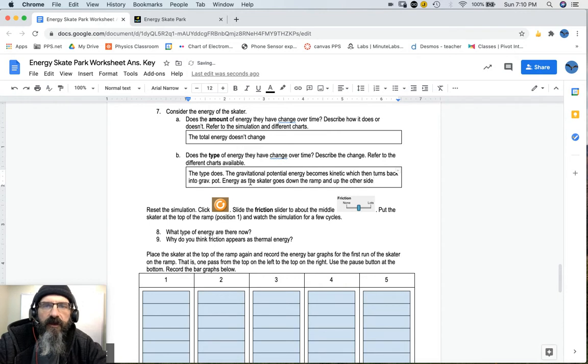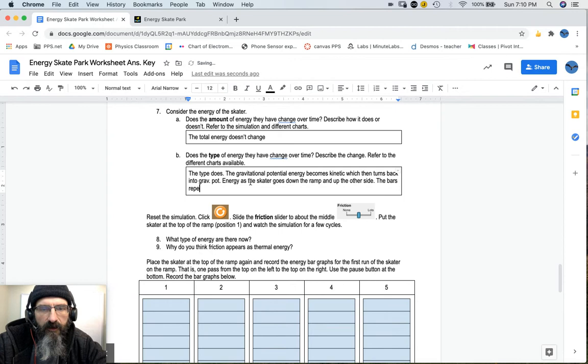And then it asks, describe the change. Well, I described the change. Refer to the different energy charts. The bars representing gravitational potential energy. I hate the way it capitalizes potential.